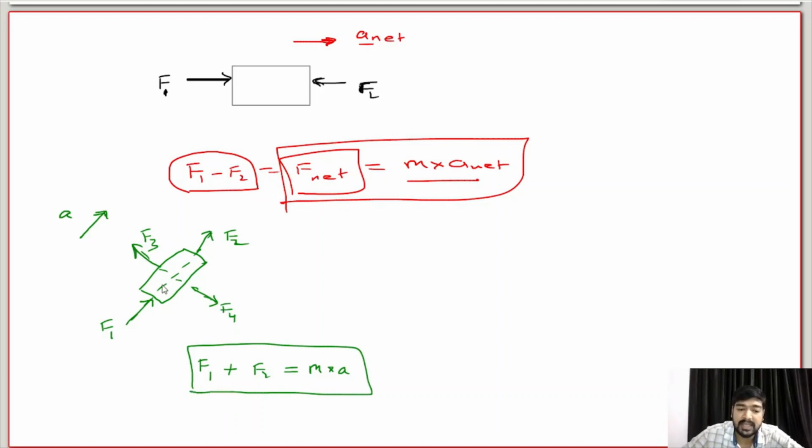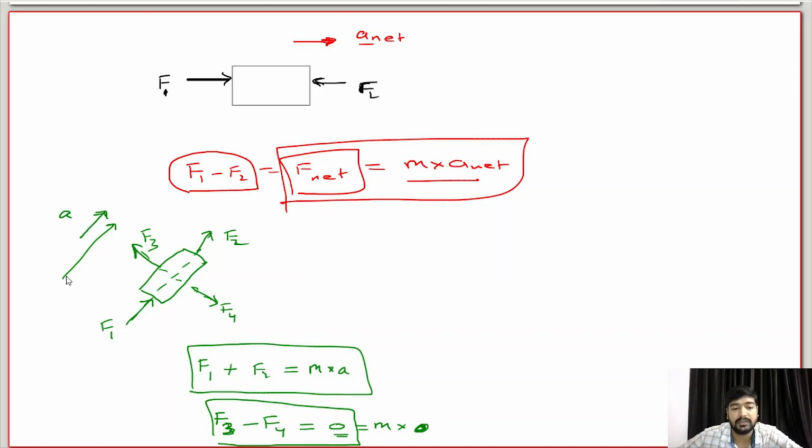The equation in this direction will be F3 minus F4, because these two are in opposite directions, equals 0, because there is no acceleration in the vertical direction. I have put the acceleration as 0, that's why the 0 is coming. So the net force in the direction vertical to this is 0. There is only force in this direction, because the object is moving with this acceleration.